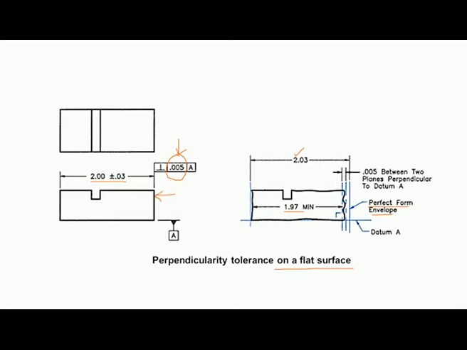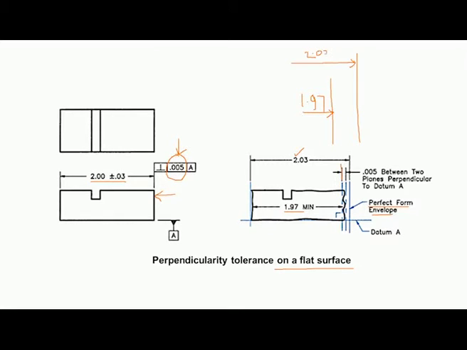Now, coming to the perpendicularity tolerance, you can see here this line is 1.97, and this one is 2.03.